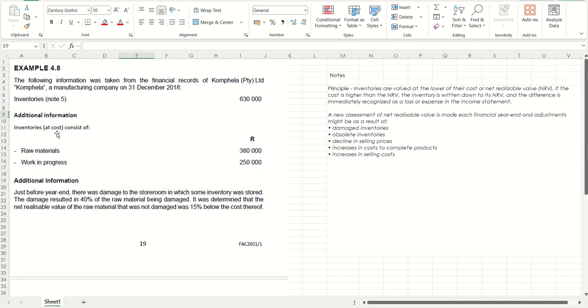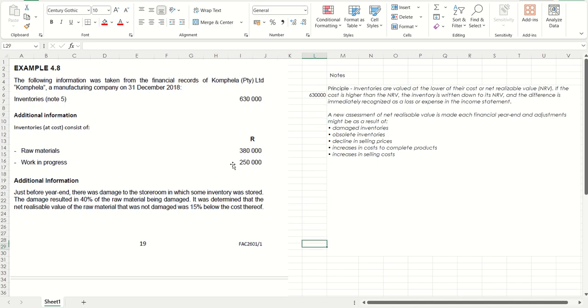Those are the two inventory items listed here. A quick reconciliation: the 380,000 of raw materials plus the 250,000 of work in progress gives us our 630,000. So we know the inventory's breakdown is those two items.